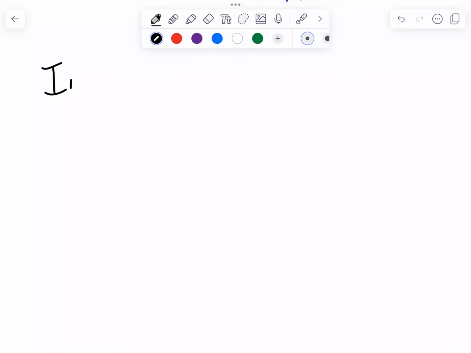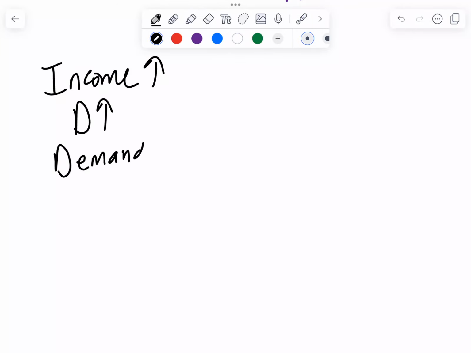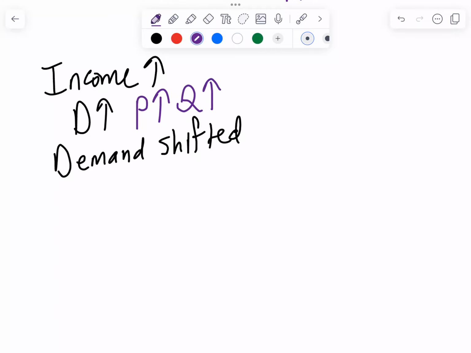Alrighty, let's look at another one. Let's say income goes up, so therefore your demand should go up. Therefore, the demand shifted. And remember, if demand is going up, prices are going up, quantities going up, right? Does this change supply? No, right?